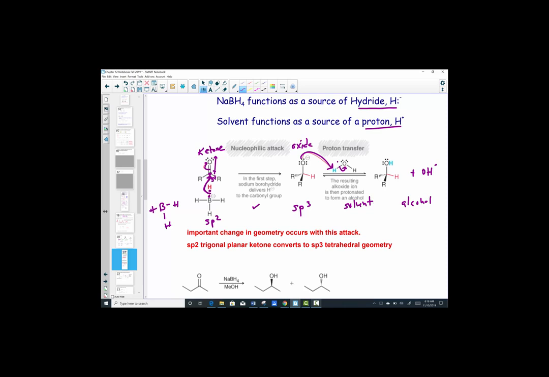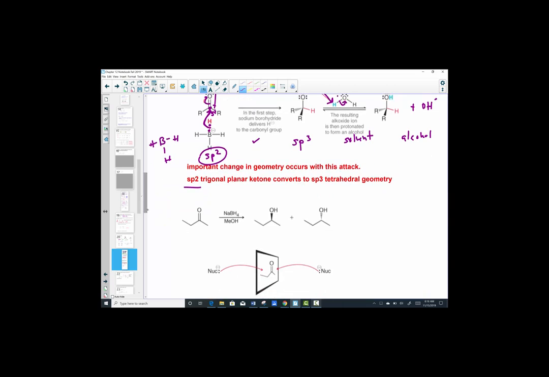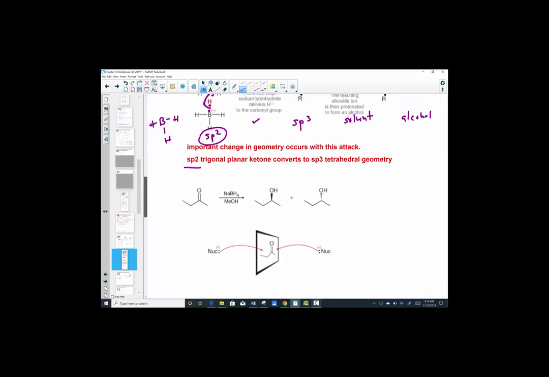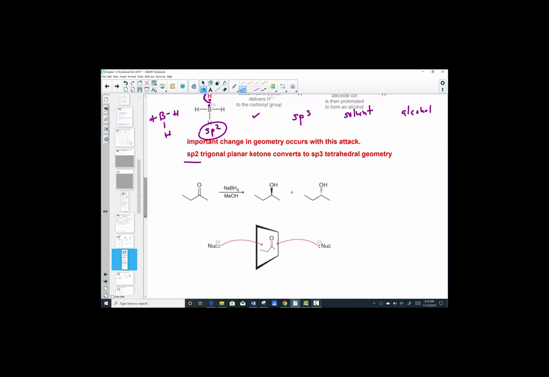Notice here this nucleophilic attack. This nucleophilic attack has some very important geometry to consider as well. We started with an sp2 configuration on this carbonyl, and we ended with an sp3 on the alcohol. When we go from an sp2 to an sp3, recall that we can have a front door or a back door attack from that tetraborohydride.